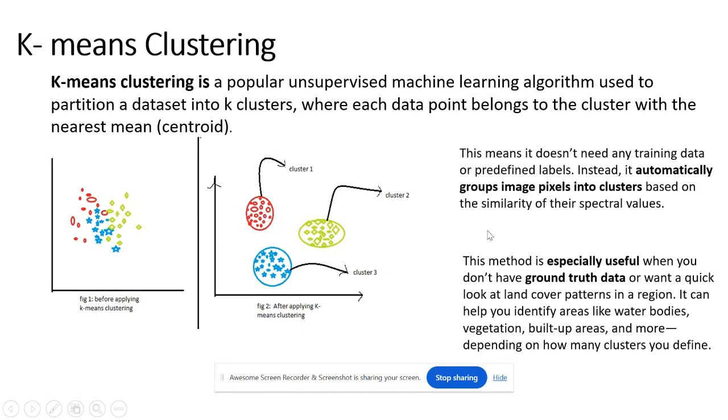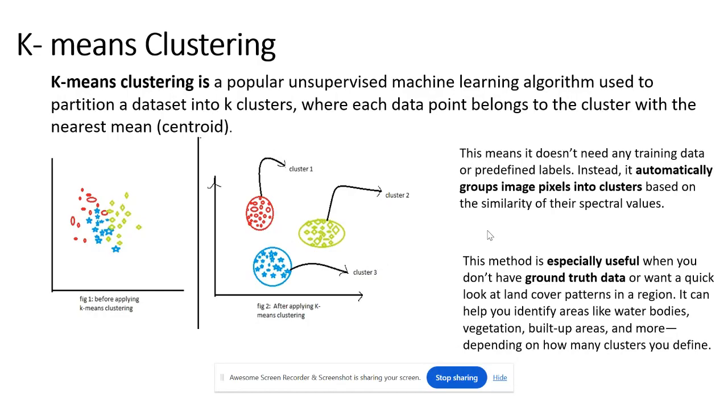And this means it doesn't need any training data or predefined labels. Instead, it automatically groups image pixels into clusters based on the similarity of their spectral values.